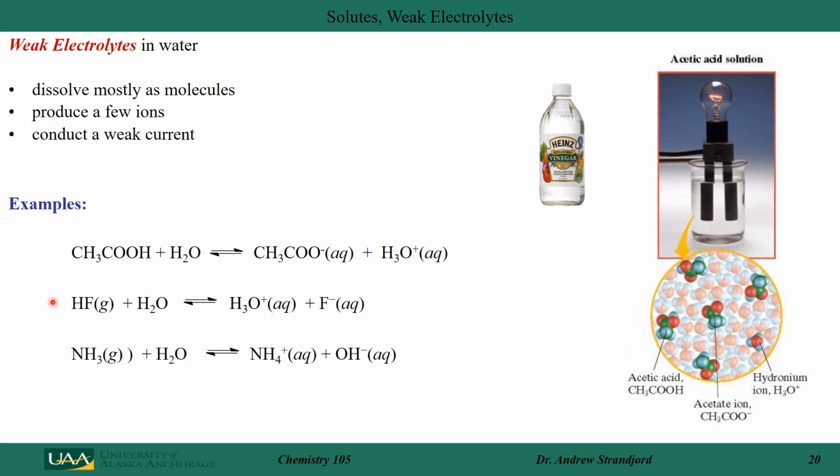The same is true for hydrofluoric acid, that's not a strong acid, or if I look at ammonia, that is actually a weak base. So some of those compounds dissociate into ions, so I get some conductivity across the solution, but it's very minimal.